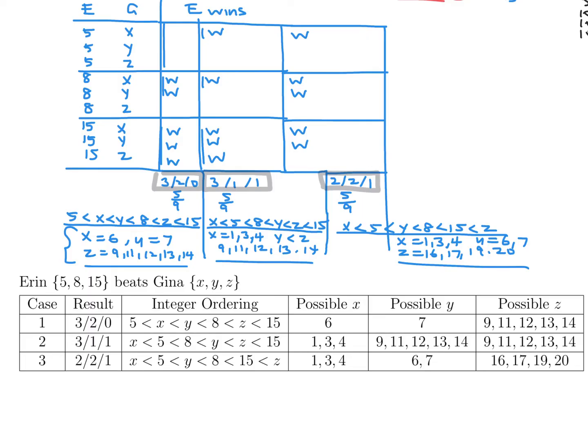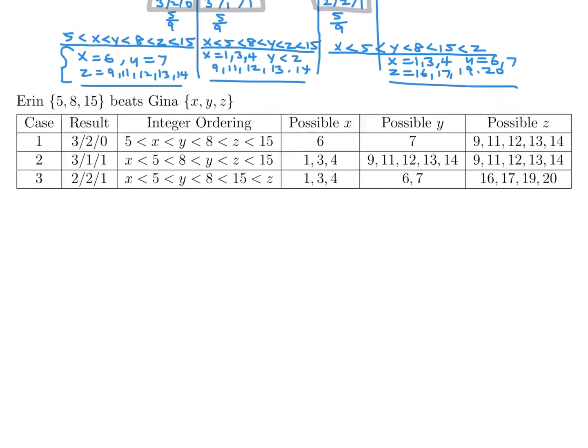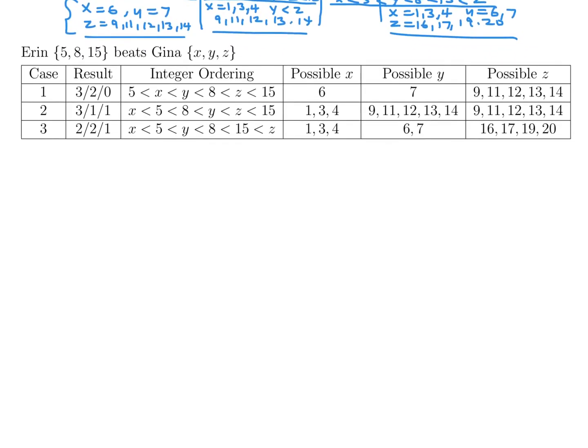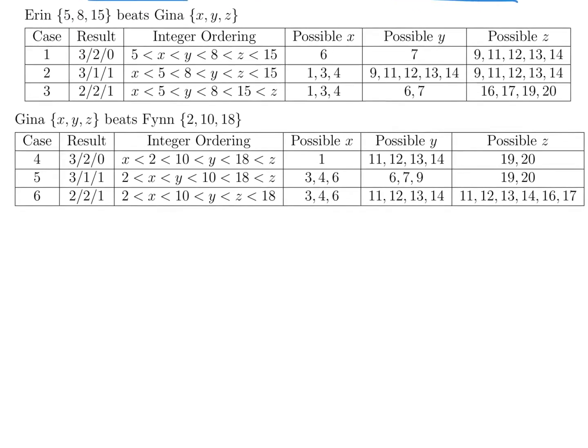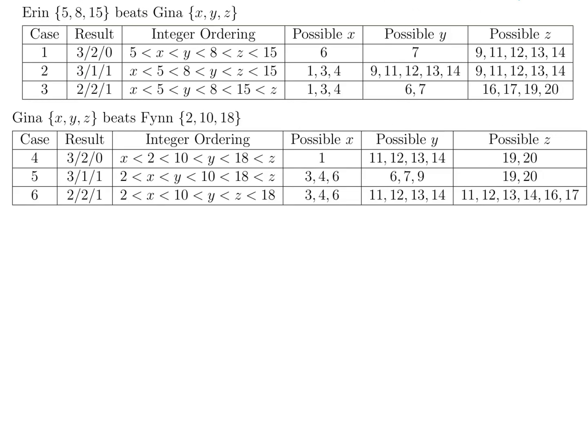Okay, so now we have to do the same kind of scenario, but this time for Gina beating Finn. This one was Aaron beating Gina. Now we have to do the same thing for Gina beating Finn. And when you do, you get a similar table. And it looks like that. So now you've got two tables and you've got to combine them because, of course, all of this has to be valid.